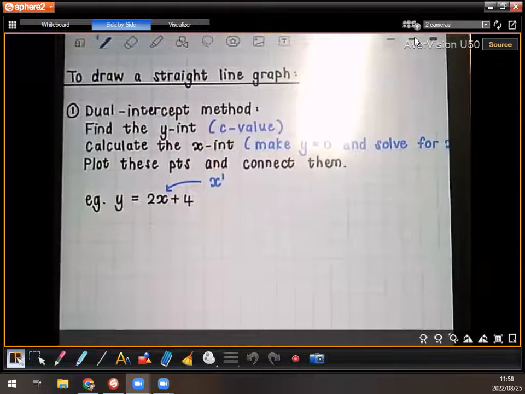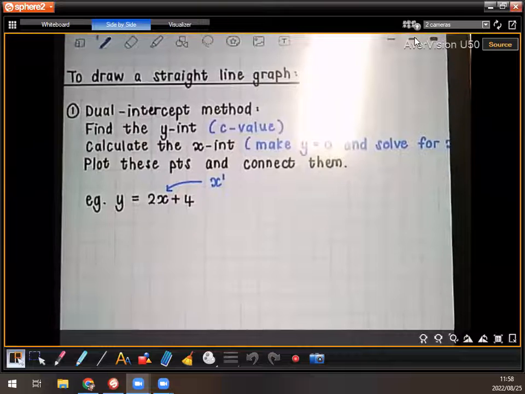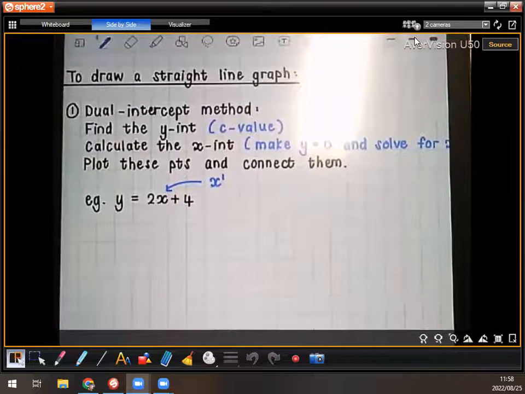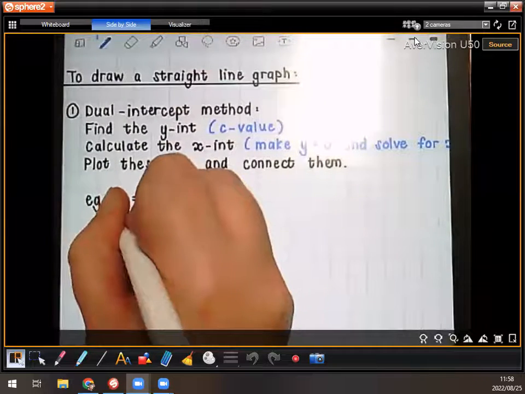If they give you the equation of a graph, you will have to be able to identify which type of graph it is first. But that seems a bit unnecessary at this point, because obviously that's a straight line graph. Okay, guys, so we're going to find the y-intercept.